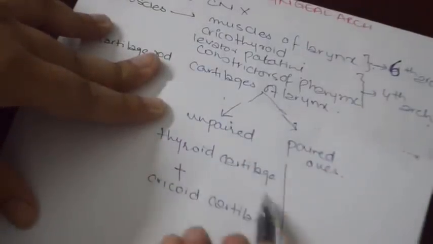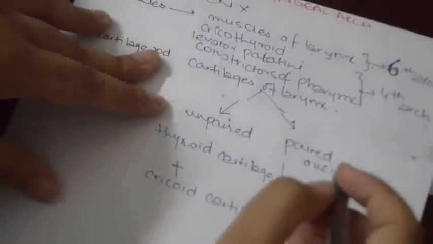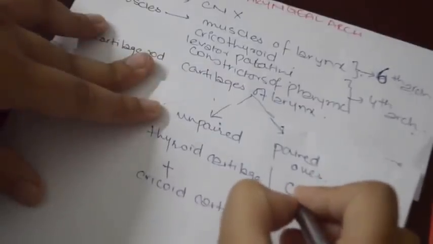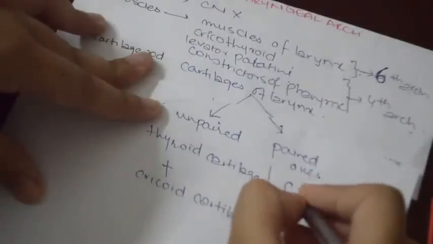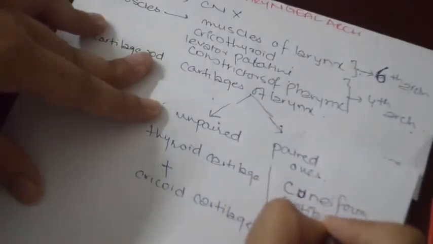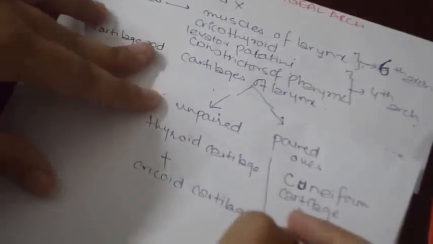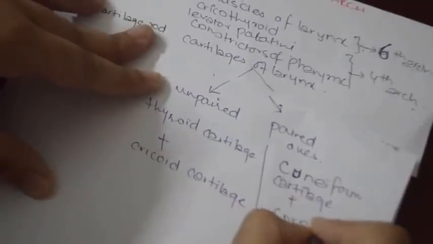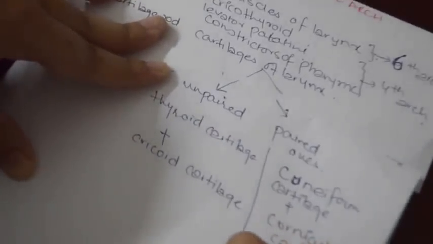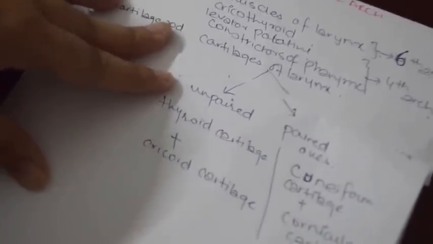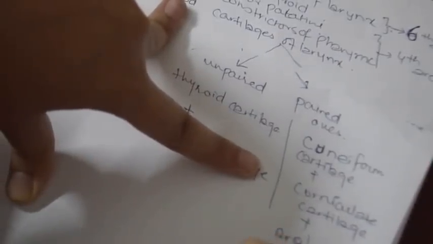So the unpaired are the thyroid cartilage and the cricoid cartilage, while the paired ones are the cuneiform cartilage, corniculate cartilage, plus the last one, the arytenoid cartilage.